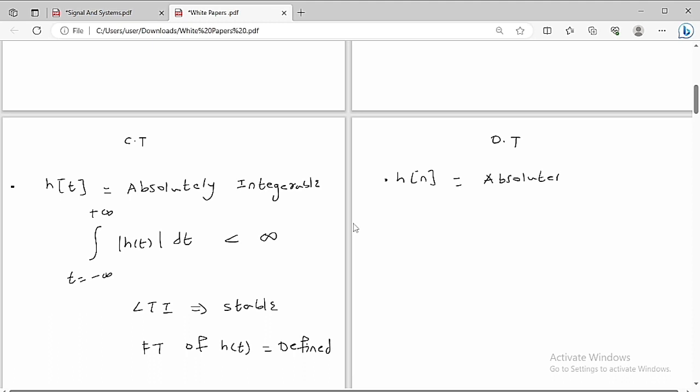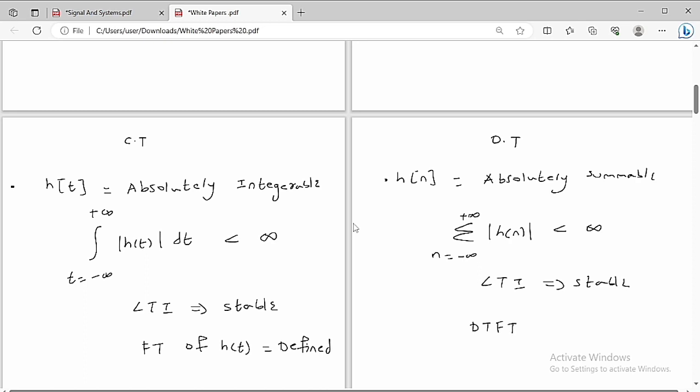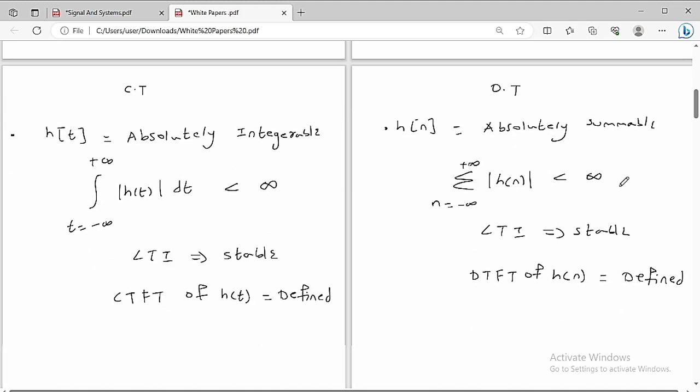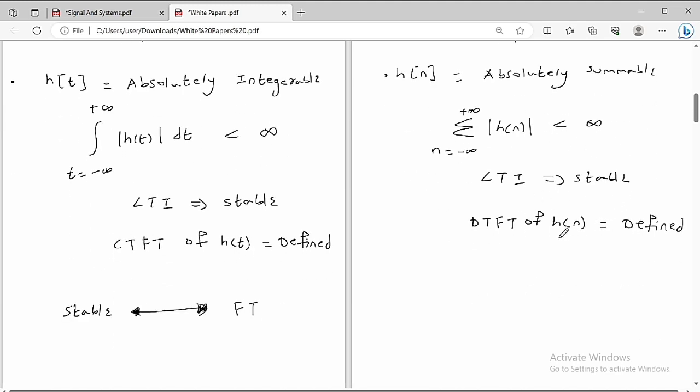If h of n is absolutely summable, that is, the sum from n equals minus infinity to plus infinity of mod of h of n is less than infinity, then the LTI system is said to be stable, as well as the discrete time Fourier transform of h of n is going to be defined. So whenever h of n, the impulse response of a system, is absolutely summable, the system is stable and the discrete time Fourier transform of h of n is also defined.